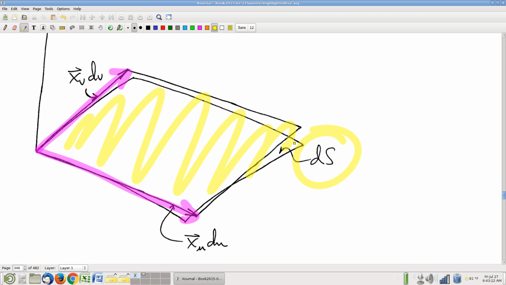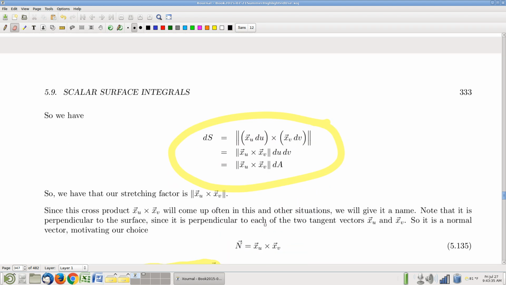So computing the parallelogram, which for approximation purposes is close enough to ds, it's just the cross product xu du cross xv dv, which is right here. This area that we're interested in is xu du cross xv dv.